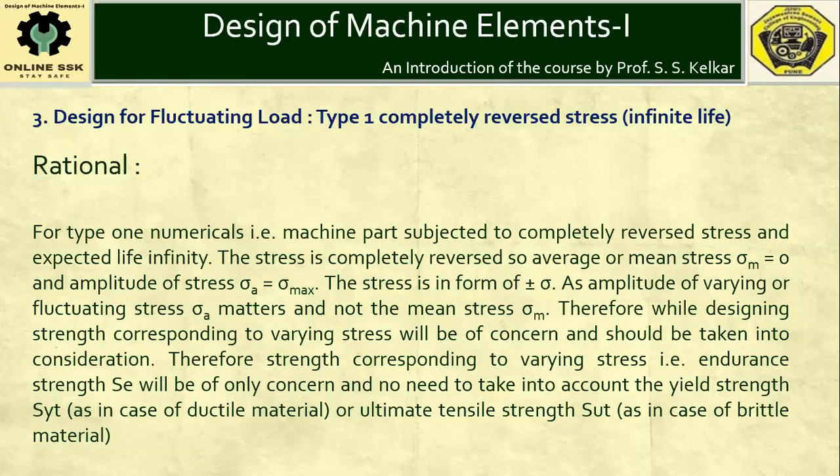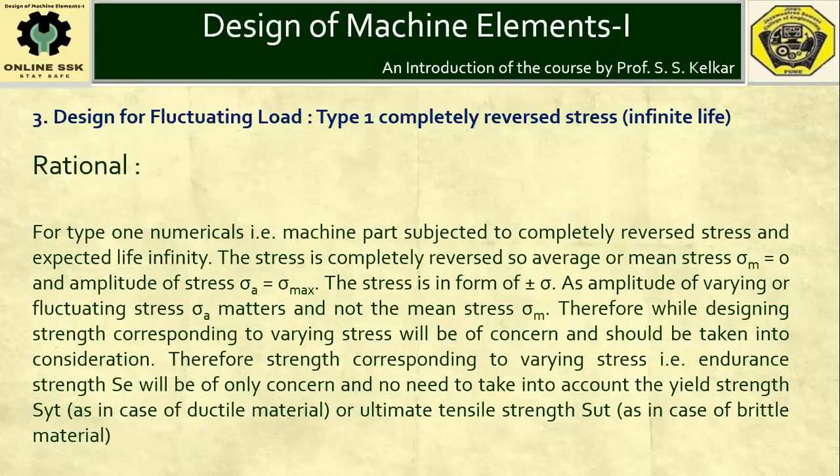The applied load, and hence the induced stress, keeps changing from tensile to compressive, and this work cycle repeats. Being the maximum and minimum stress of the same magnitude, the average or mean stress happens to be equal to 0.